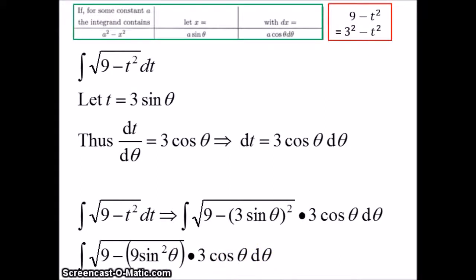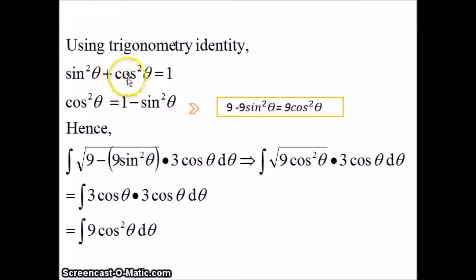theta d theta. We further simplify our equation using a trigonometric identity. Sine squared theta plus cos squared theta equal to 1. So we move the sine squared theta to the other side, and we get cos squared theta equal to 1 minus sine squared theta.